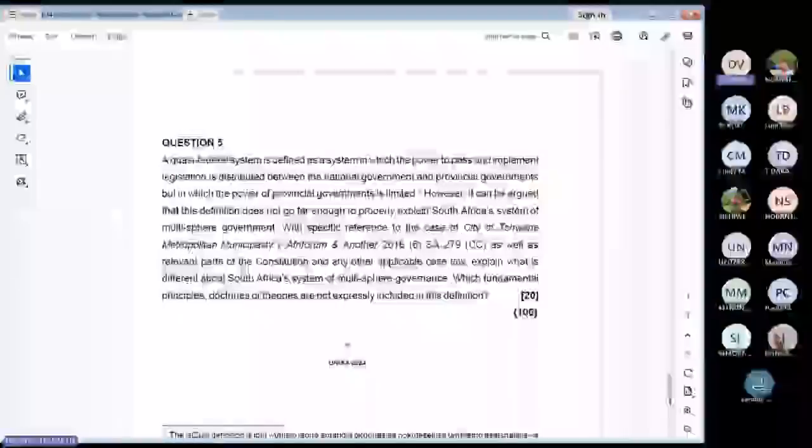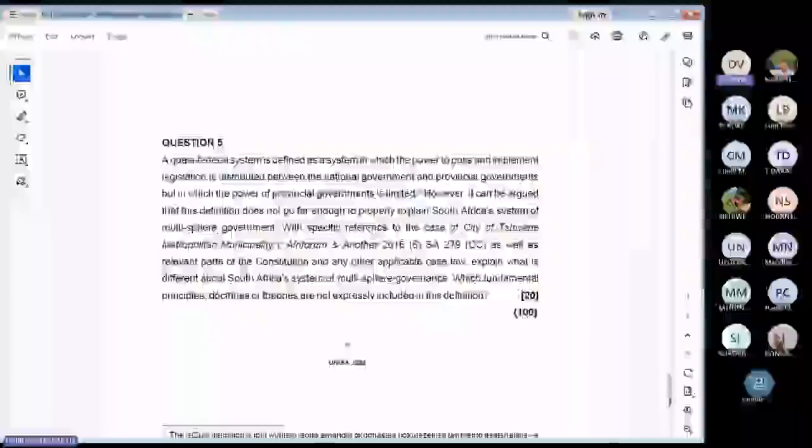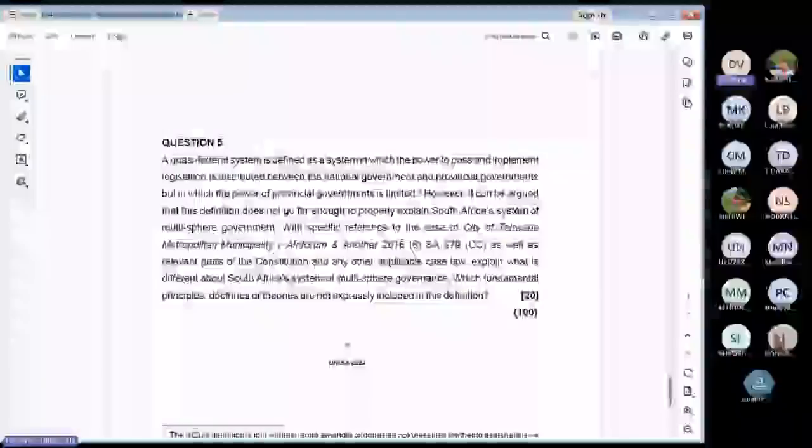In some areas you have to work together, and they have dual jurisdiction. I would probably include the Schedules 4 and 5 from the Constitution, which delineate the different functions that the national sphere and the provincial sphere can do.